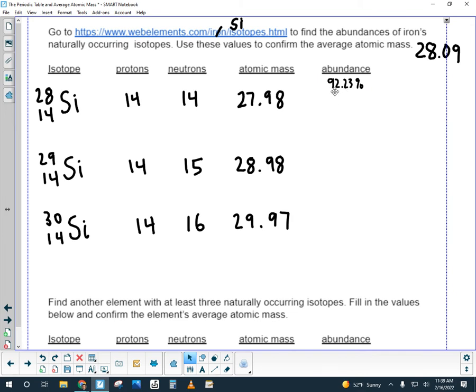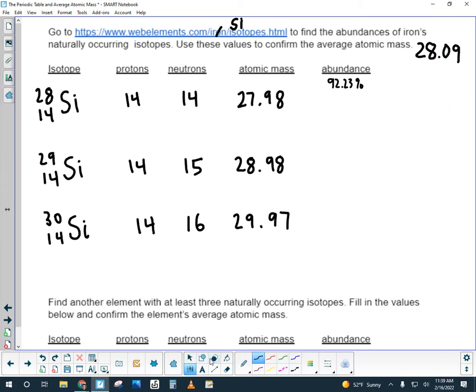The decimal version of this would just be 92.23 divided by 100, right? That's what percent means. So the number that I'll actually use, in a different color, is the decimal version of that, or 0.9223.